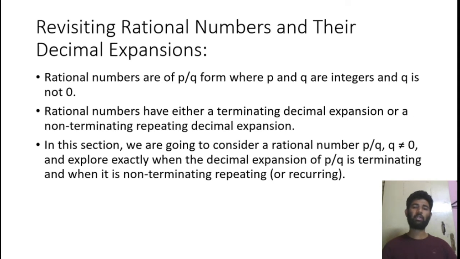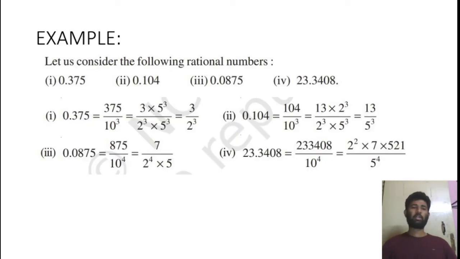In this section we are going to consider a rational number and explore exactly when the decimal expansion is terminating and when it is non-terminating and repeating. Let us first consider this example. Four numbers are given here, and all four have a terminating decimal expansion.